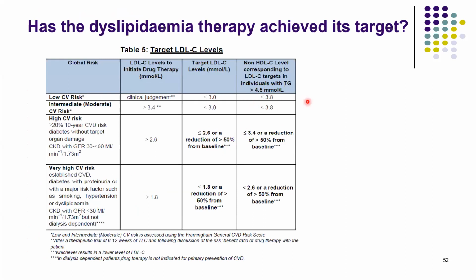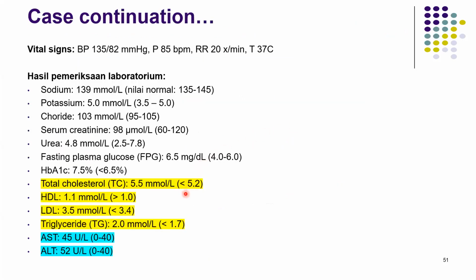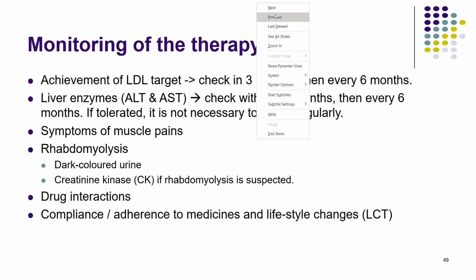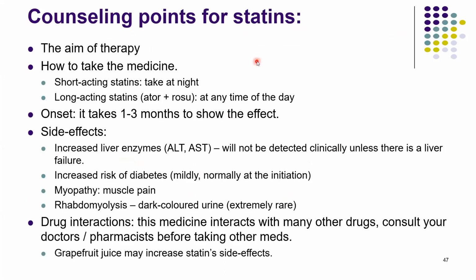Initially, 5.6 or 5.2, I forgot. So now the patient has total cholesterol 5.5, LDL 3.5. Before it is what? Let me check the previous one. I think it's 4.1.